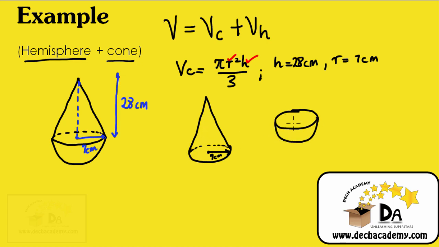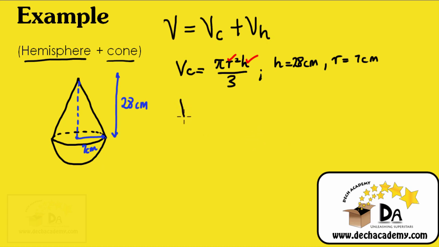The top surface of this hemisphere is a circle. So it's this same circle that's the base of the cone. That's also the top surface of the hemisphere. And the radius of the hemisphere, from the center to any point on the surface of the hemisphere, is also 7 centimeters.